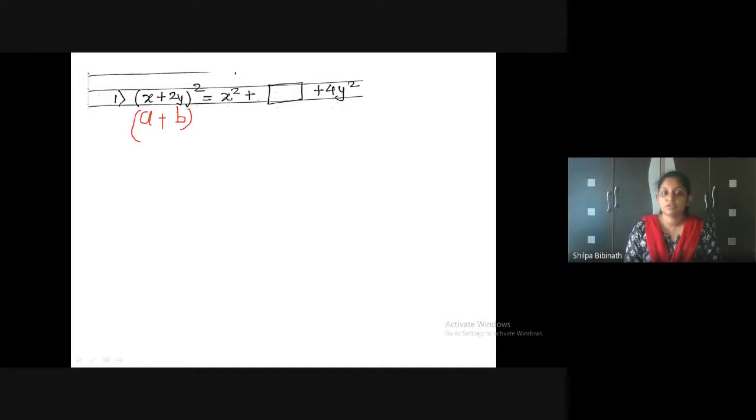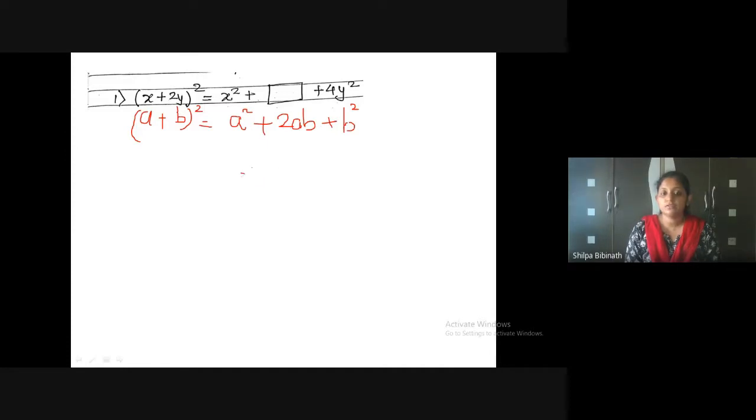A plus b the whole square is equal to what? A square plus 2ab plus b square, isn't it? So what will come in that box? Filling the blanks. So here it should be x square plus 2ab, means what? X is here.